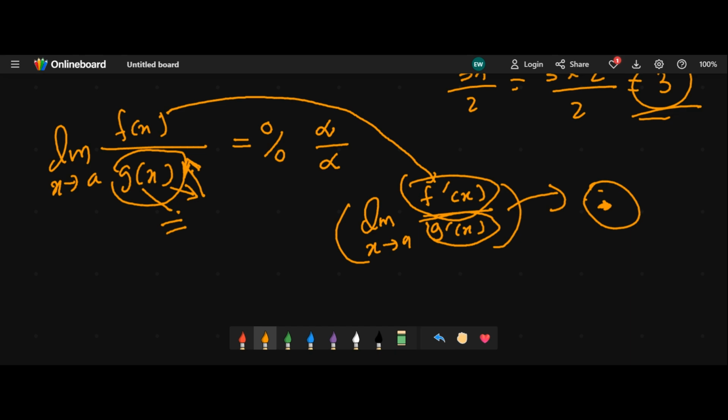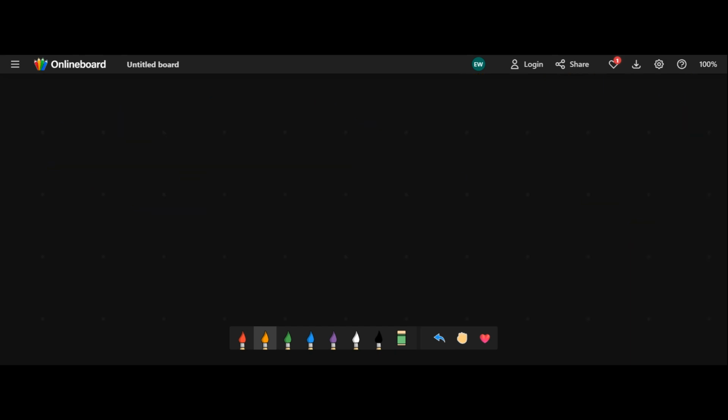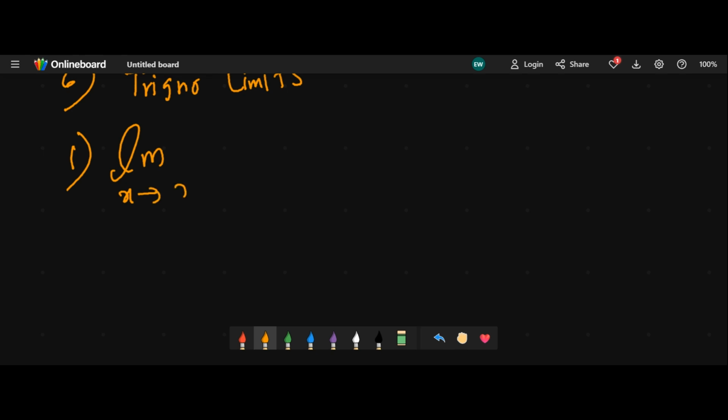Right. Now the final part, sixth: trigonometry limits. This is the final part we are going to see. There are two limits you need to memorize. The first one: limit x approaches 0 of sin x divided by x is equal to 1.